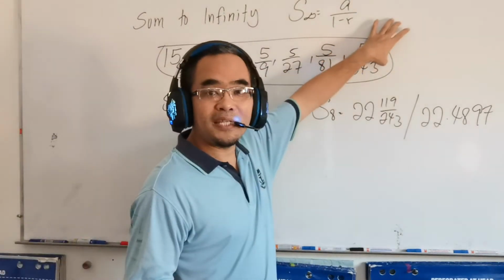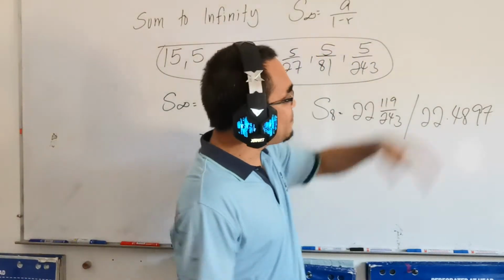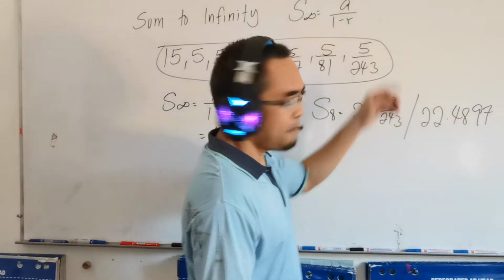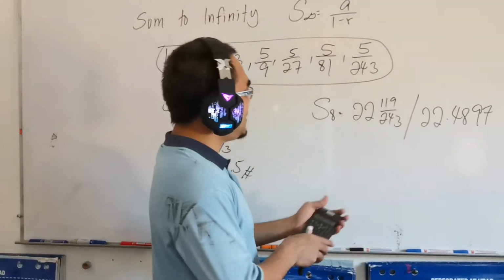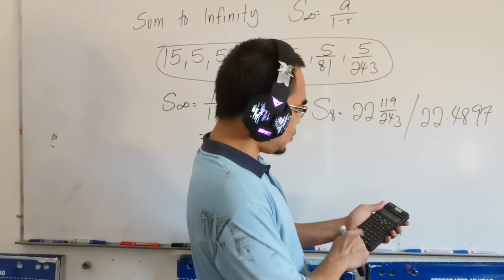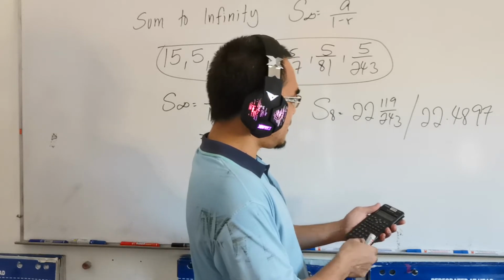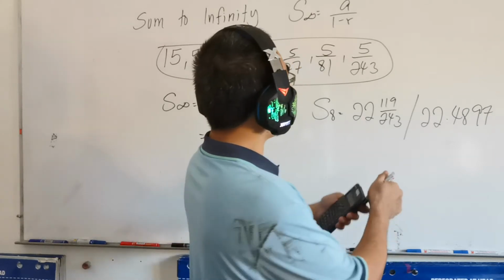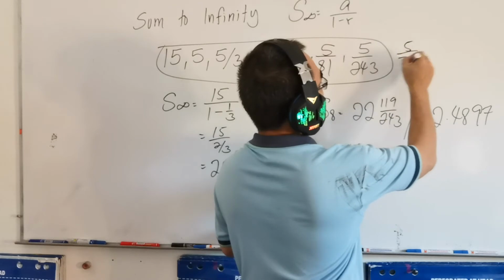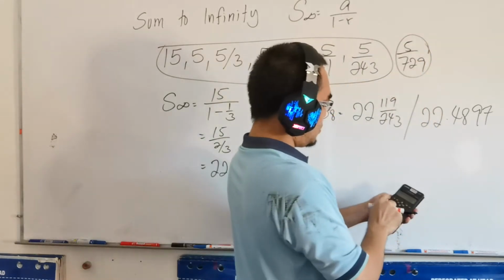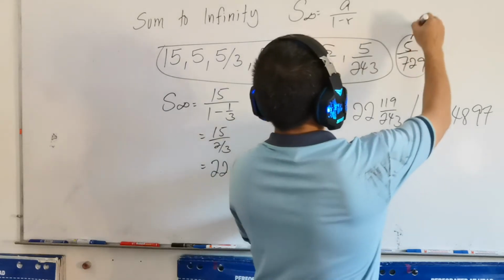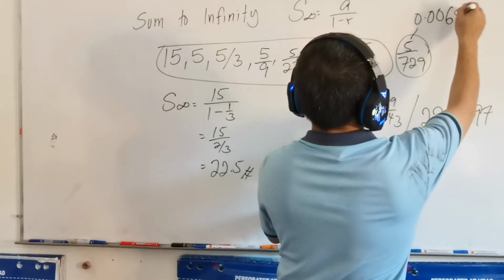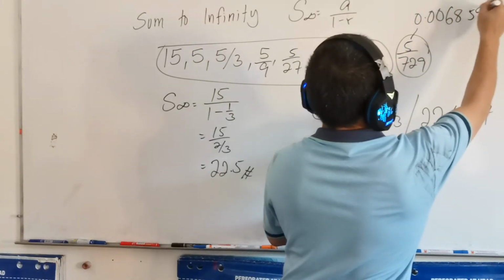Because the numbers after this are getting smaller and smaller, and we just add to the back of the number here, maybe a decimal. What is the number after this? 5 over 243 times 1 over 3 becomes just 5 over 729, which is equivalent to 0.0068587.